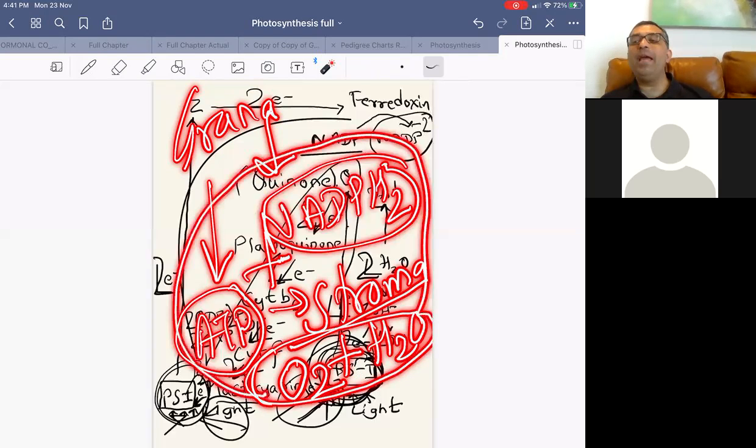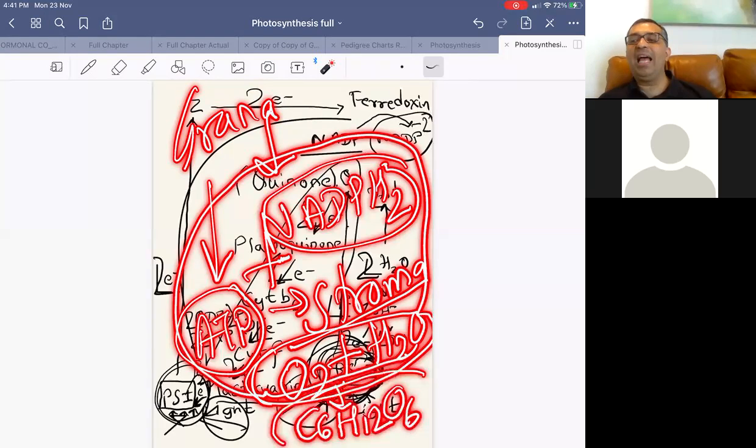And NADPH2 की solar energy और ATP की solar energy CO2 और H2O के साथ combine हो जाएगी to form C6H12O6, glucose बनेगा. And that process is something called as the dark reaction.